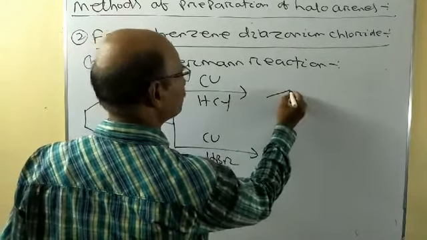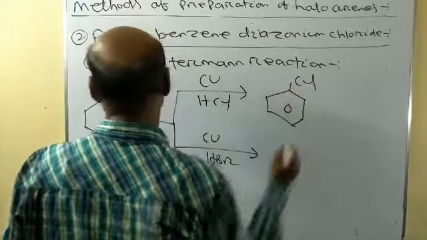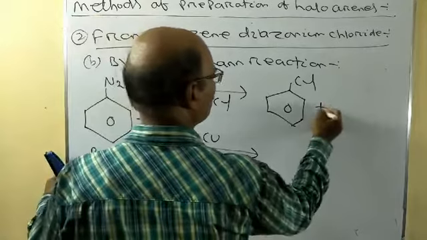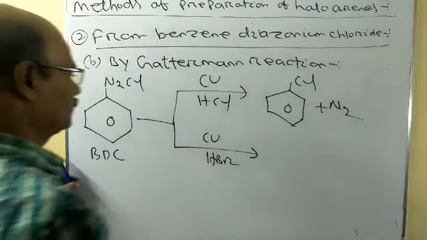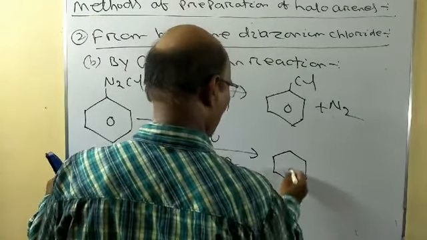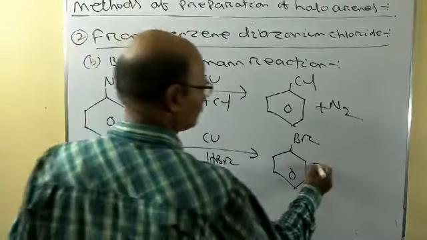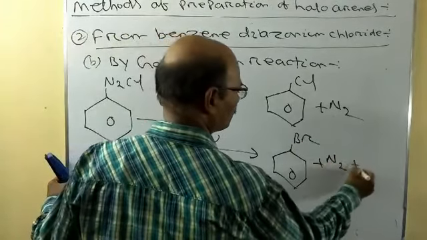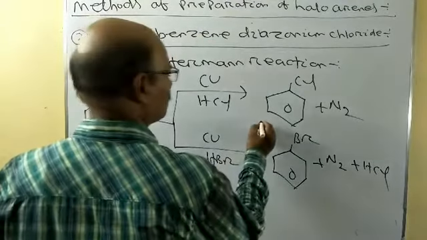You get chlorobenzene plus N2 plus HCl, and here bromobenzene plus N2.